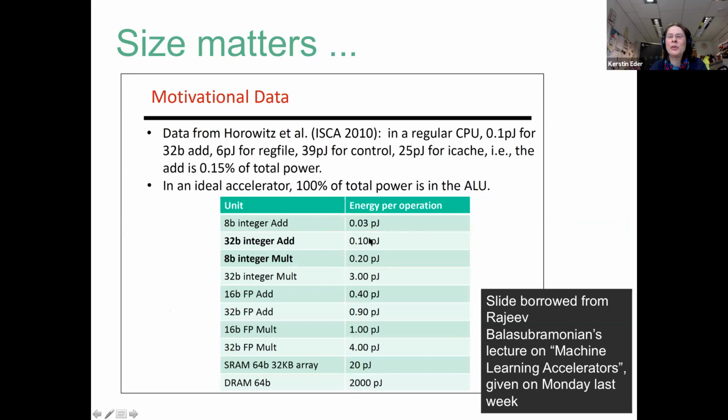There is a big difference between these. So it's not just our data that shows this, but considering the bit width is really important when you code, and it can save quite a lot of energy. Okay, so just to point out that size actually does matter when it comes to data width or bit width.